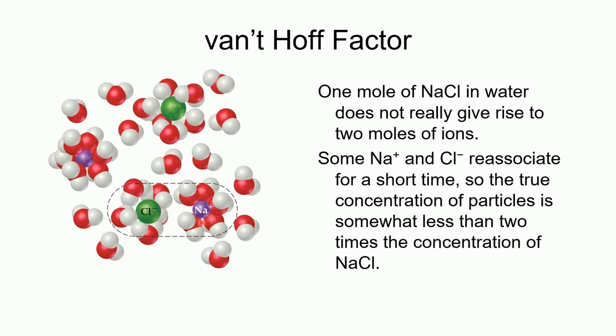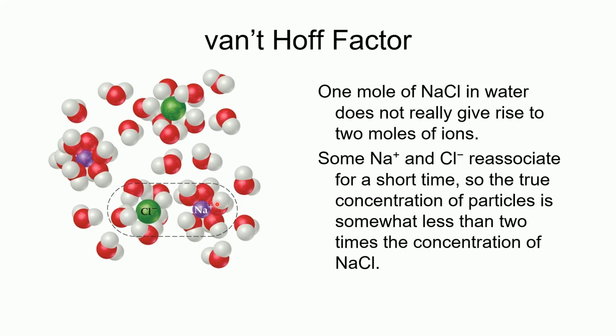To the extent that you get what's called a close contact ion pair, it will decrease the effect of that electrolyte. So again, we call that a close contact ion pair, and it has a somewhat decreased effect on the freezing point. That is called the van't Hoff factor, and we can get a measure of how much of this reassociation occurs.